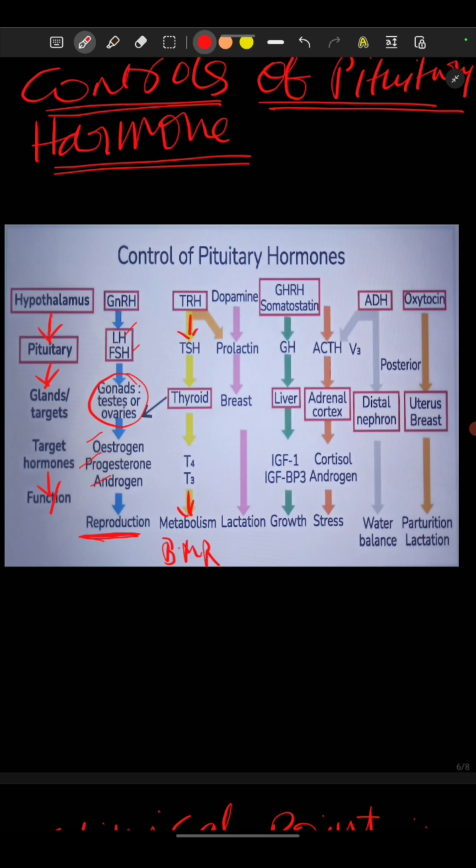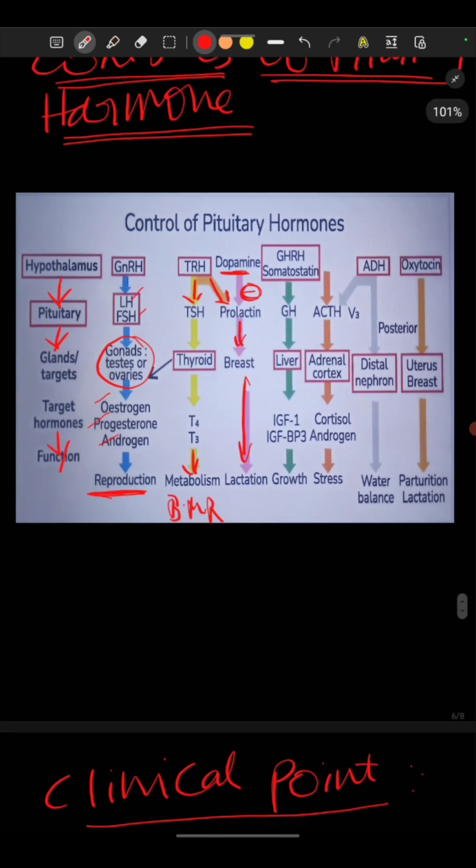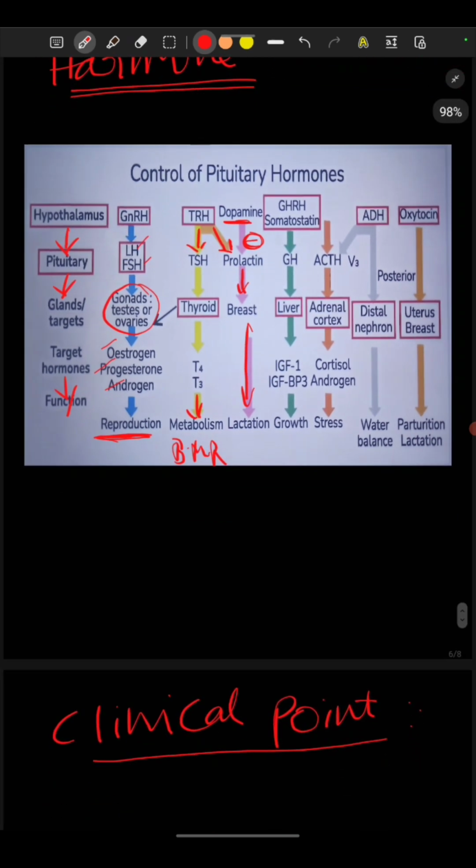At excessive levels, thyroid releasing hormone also stimulates production of prolactin, which causes lactation. Dopamine always inhibits prolactin, which is the inhibiting factor for prolactin. Growth hormone releasing hormone and growth hormone inhibiting hormone: growth hormone is under control of both these hormones, but mostly under growth hormone releasing hormone.